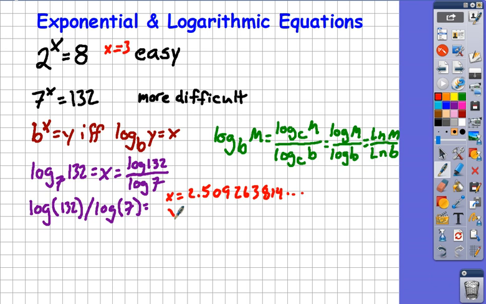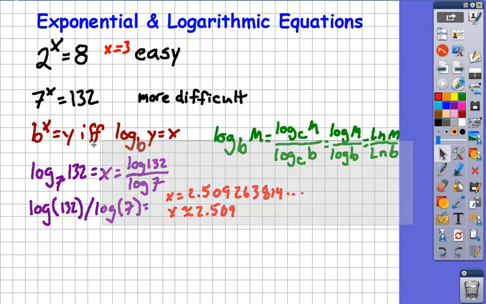So x is approximately 2.509. Okay? So you could put that back in your calculator, not as a rounded number, but use the answer key and do 7 to that power and see that you get exactly 132. So again, remember, this is why we have logarithms, so that we can do that.